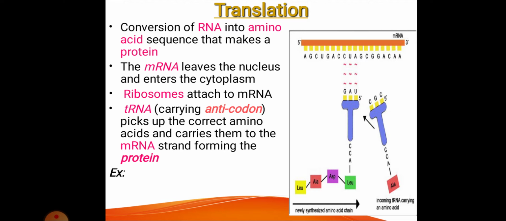Like the example, the tRNA carries GAU anticodon and looks for CUA on mRNA. You will see it in the picture.